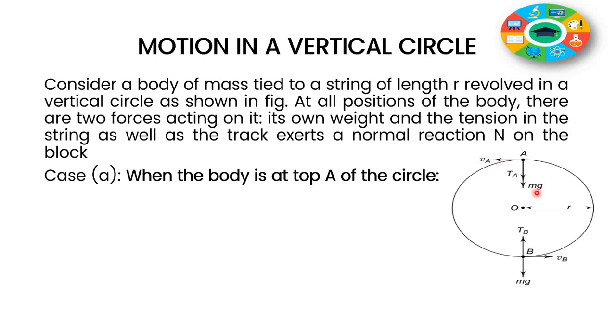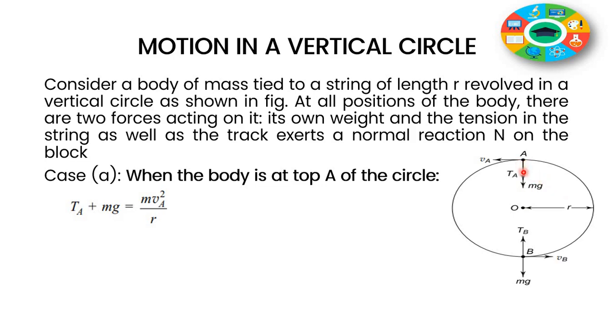So in the problem, a wire is tied on this one, and we have to rotate it like this. Then when the body is at the top of the circle, at this place, what is the solution? At the top of the circle, there are two forces acting: one is the tension of the wire towards the center, and another one is due to the weight of the body.